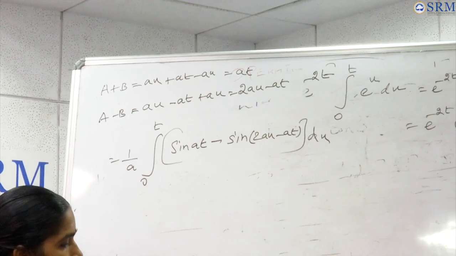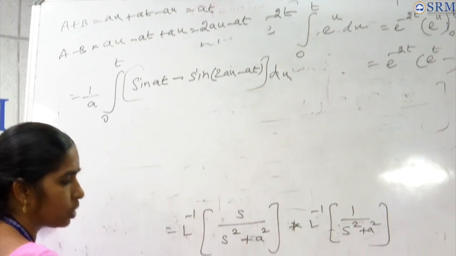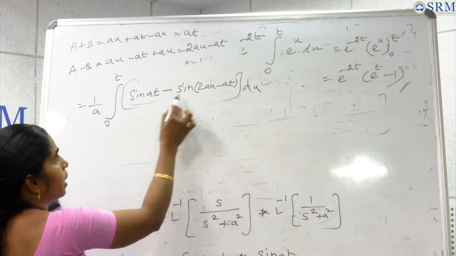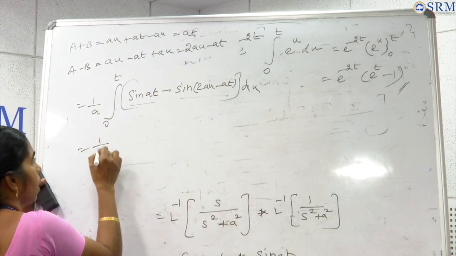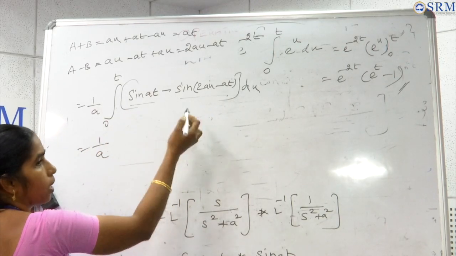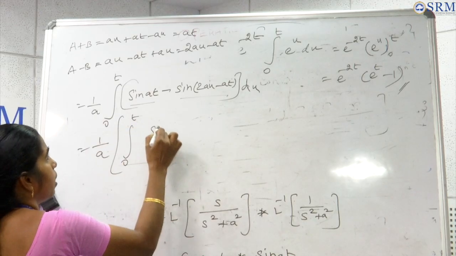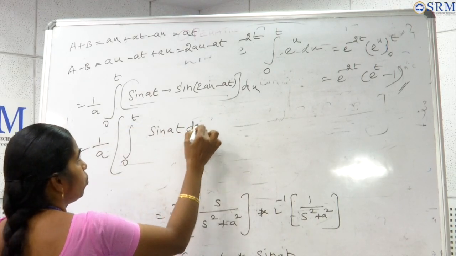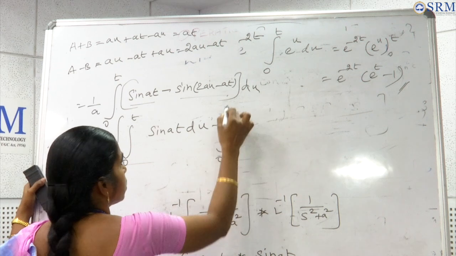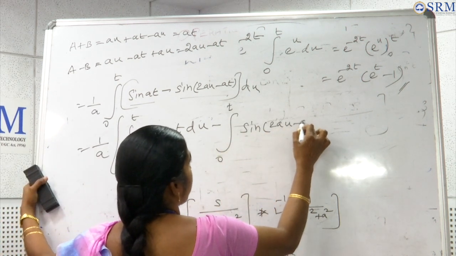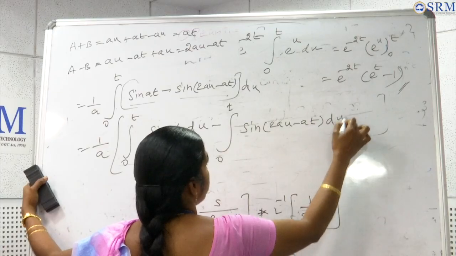Previously it was a multiplication of both trigonometric functions sin and cos, but now it is segregated into sin terms alone. So 1 by a, integral 0 to t sin at du minus integral 0 to t sin of 2au minus at into du.